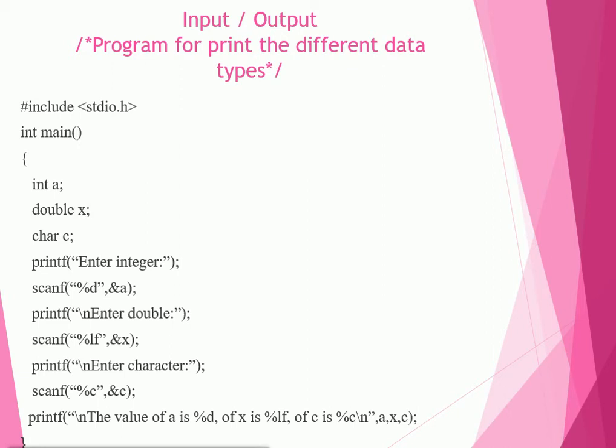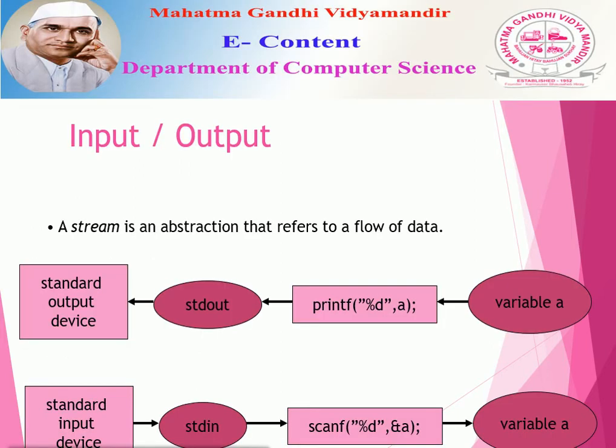It is written in double quotes, comma, and &a, that is the address of a. Then printf, enter a double, we have to mention %lf here, &x. Then enter a character, %c, you can mention &c. Then printf: the value of a is %d, of x is %lf, of c is %c, \n, that is a, x, c. That you can mention over here.